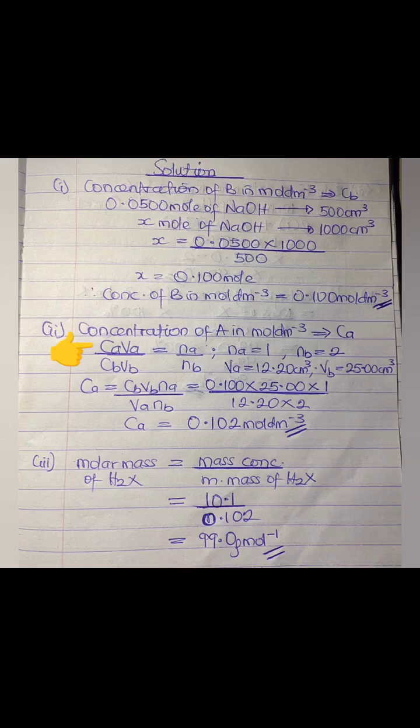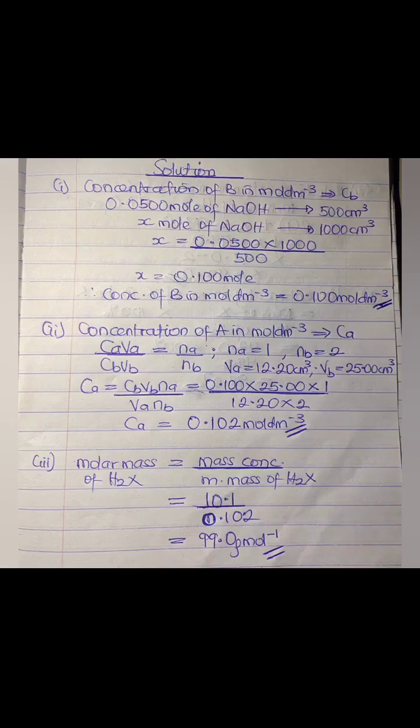I've always said it's paramount, very important that you write the mole ratio. So NA is 1, NB is 2. For VA, I'm using my own VA as 12.20 cm cube. You can use any titre value that you derive on your own. VB is 25.00 cm cube.